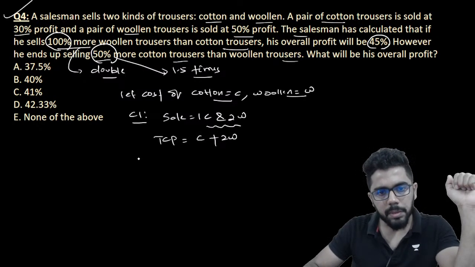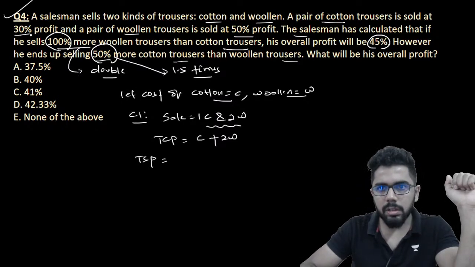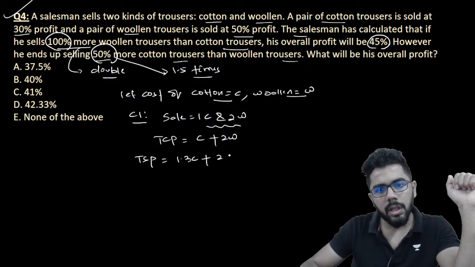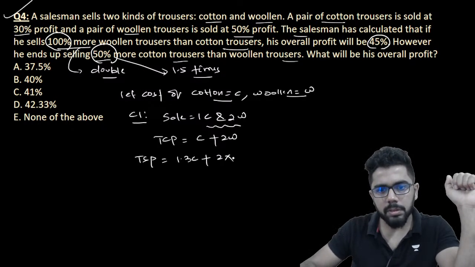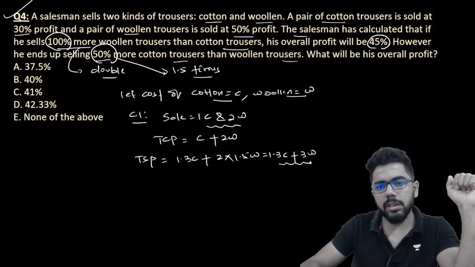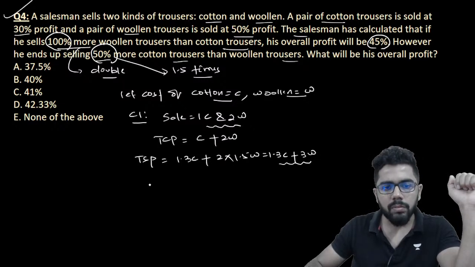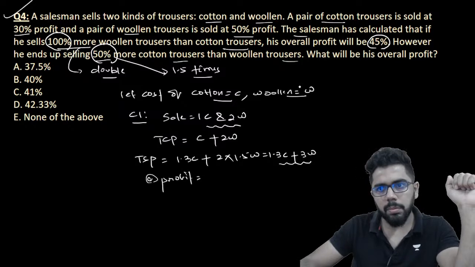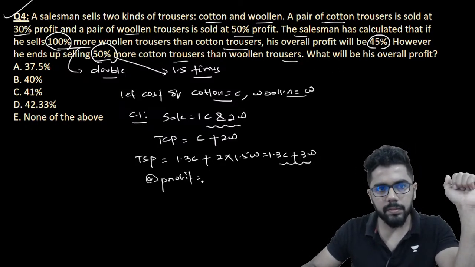What is the total selling price? A cotton trouser is sold at a 30% profit, so 1.3C. And a woolen trouser is sold at a 50% profit, so 1.5W each, which gives 1.3C plus 3W. And what is the overall profit? Overall profit will be 45%.